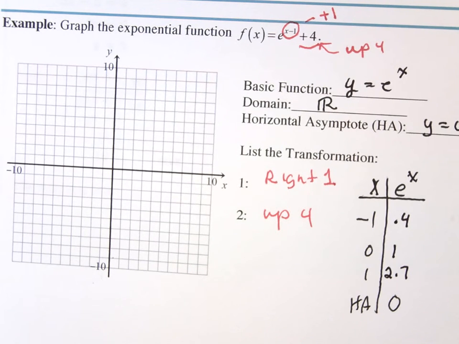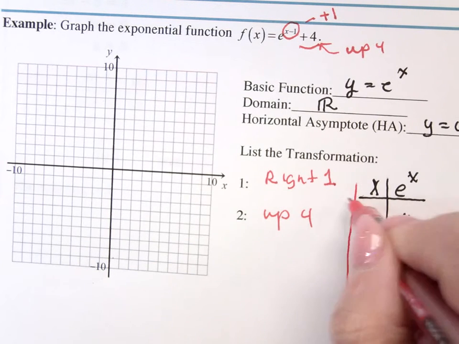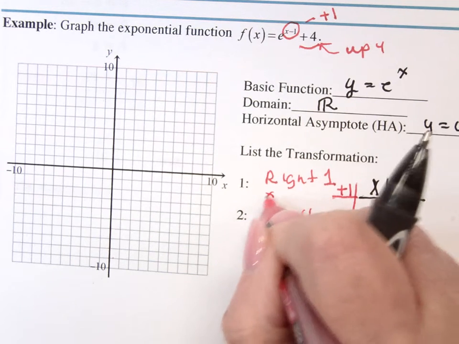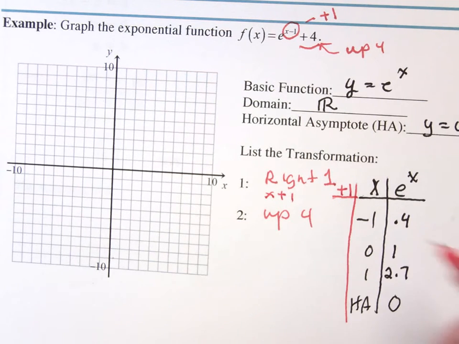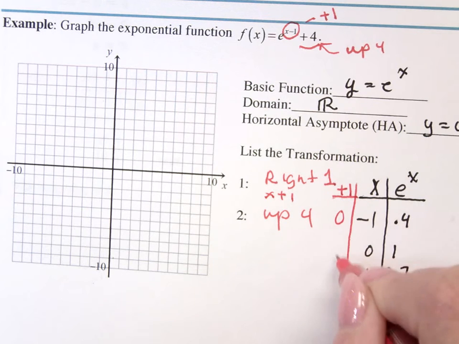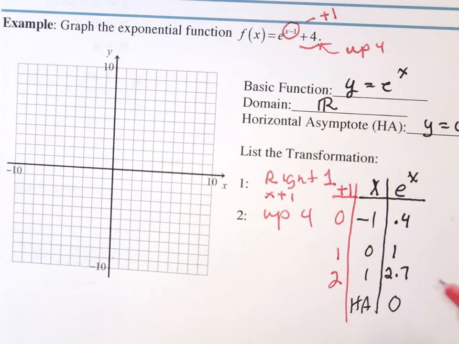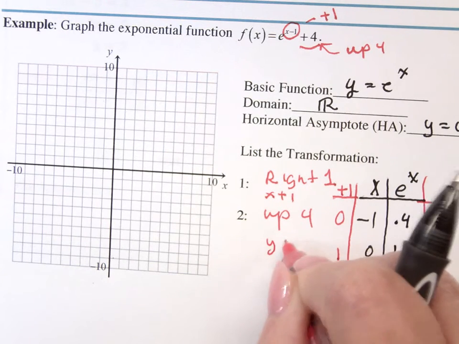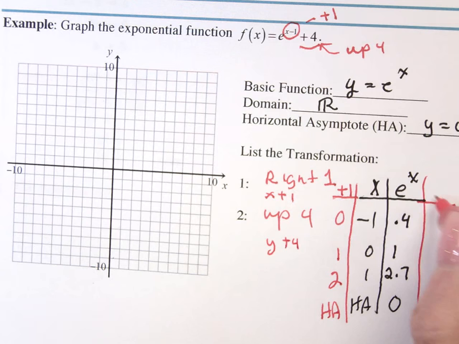Do enough of these, then you don't have to do it on your calculator anymore. I want to do a right 1, so I'm going to add 1 to the x's, so this becomes x plus 1. And so that's 0, 1, and 2, and HA. And I'm going to go up 4, which means I'm going to take y and add 4 to it.